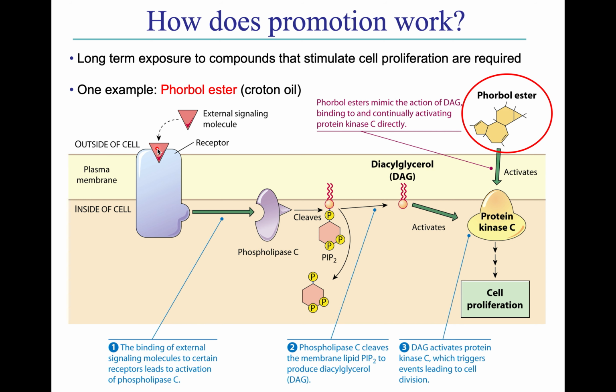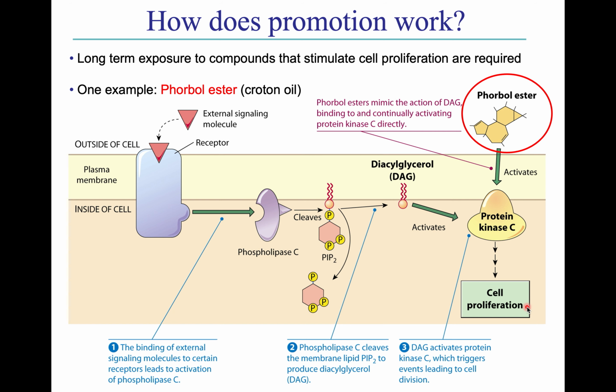Maybe a growth factor comes in, binds to this receptor, and we go through these common second messenger signaling molecules like diacylglycerol, which would then activate protein kinase C and lead to cell proliferation. But what happens is when you're hitting the rabbits with the phorbol ester, with the croton oil, we don't need that external signaling molecule anymore, right? It just directly jumpstarts protein kinase C, binds to it, and turns on cell proliferation.